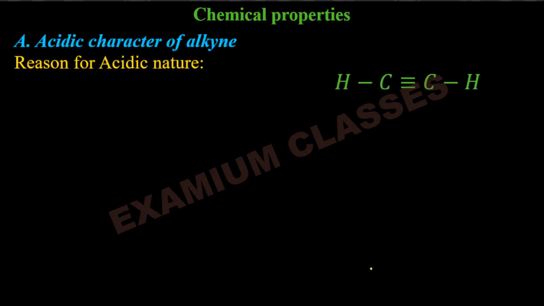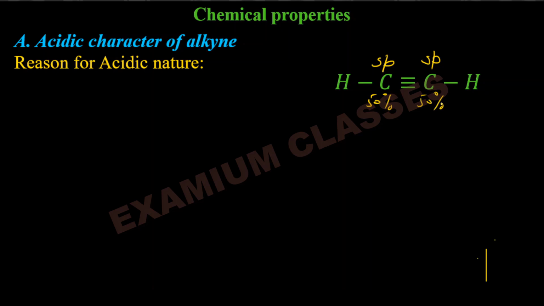Here, reason for acidic nature is, we know that S character, which obviously depends on the hybridization. So here both the carbons are sp hybridized. This is sp hybridized, this is sp hybridized. It means S character is 50%, 50% S character here, 50% S character on the other carbon.